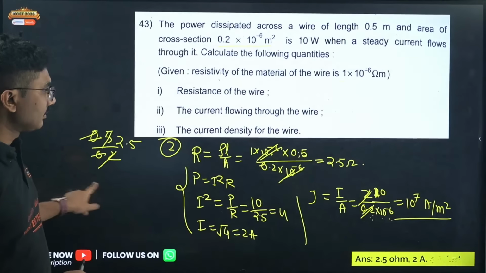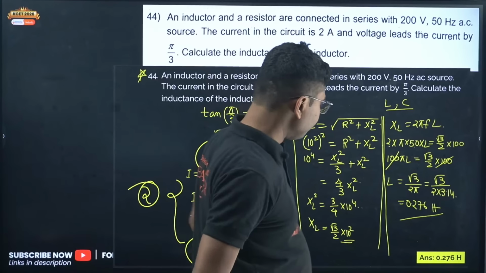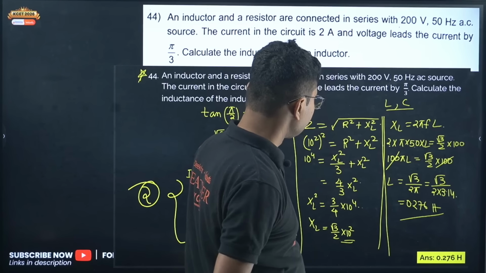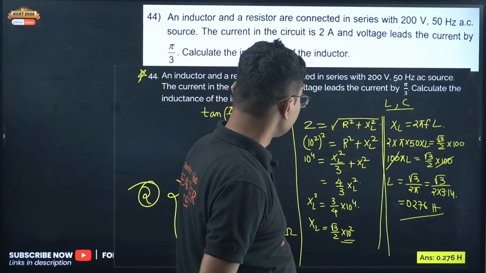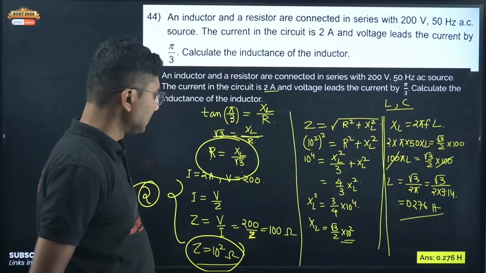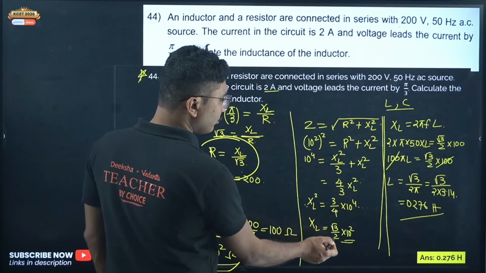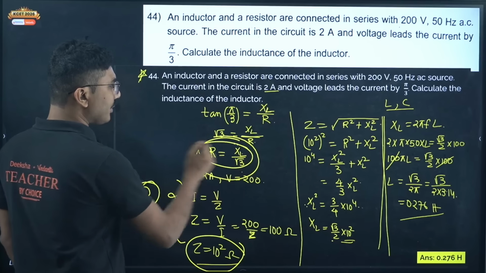Let me see this question. You are saying you got the value of XL to be root 3 by 2 into 10 square. From this you get the relationship between R and XL.